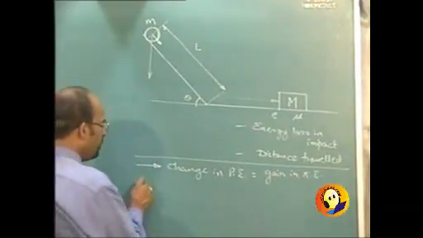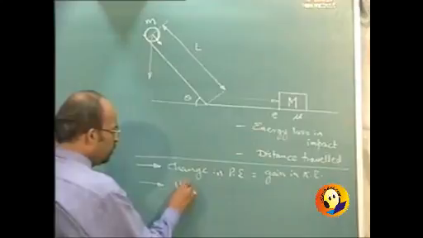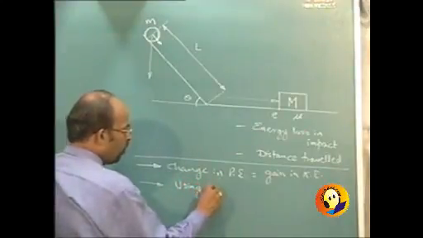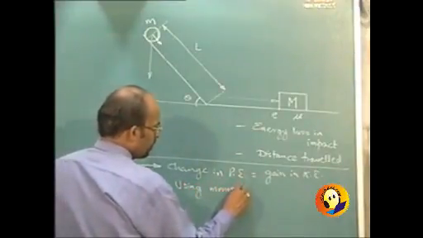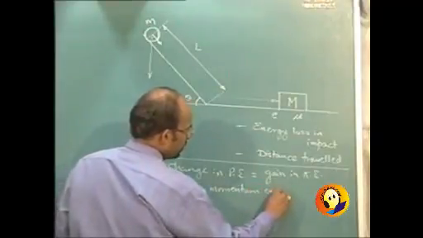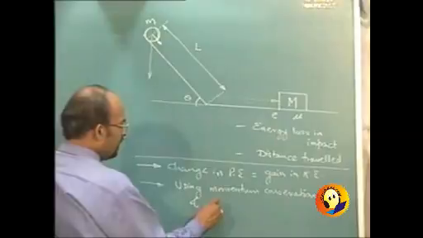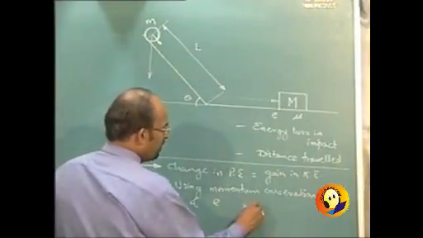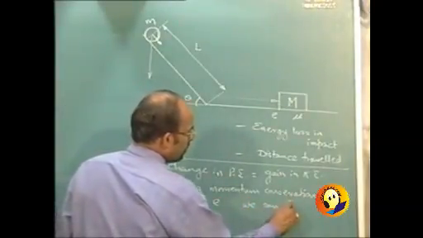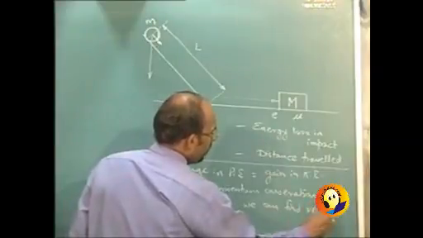Then using coefficient of restitution and momentum conservation, we can find the velocity of the block.